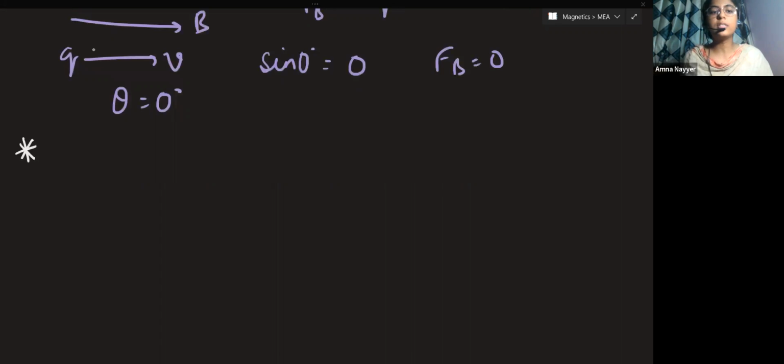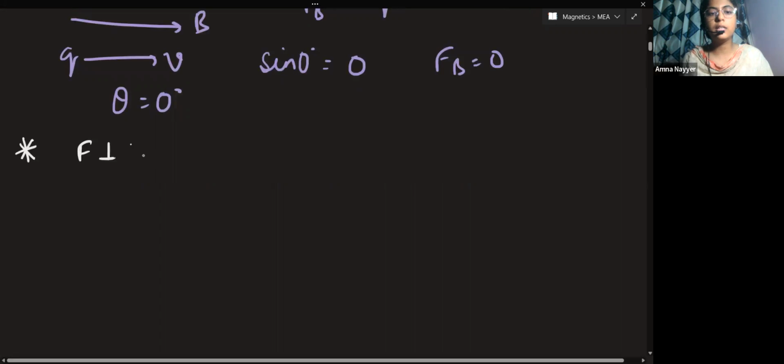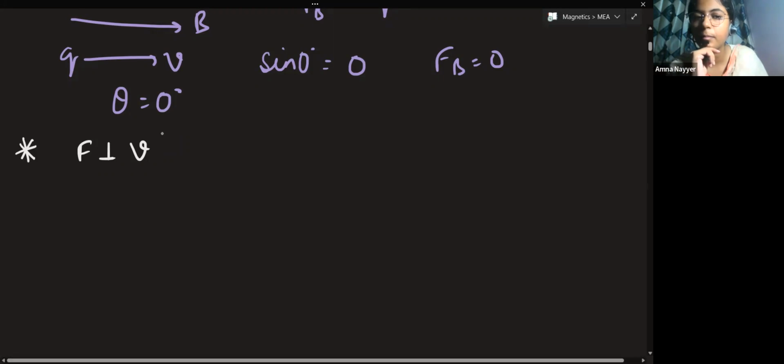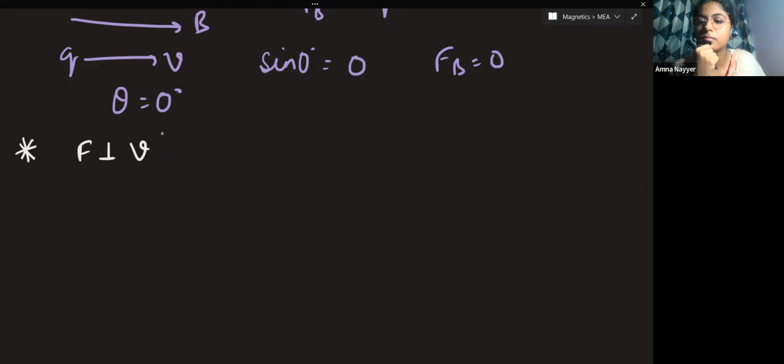See, if your force is perpendicular to velocity, can anyone tell me what will be the angle between force and displacement? See, what's the relation between velocity and displacement?